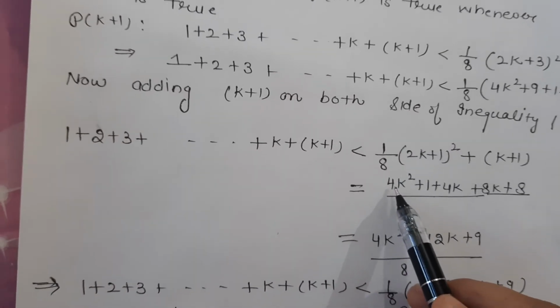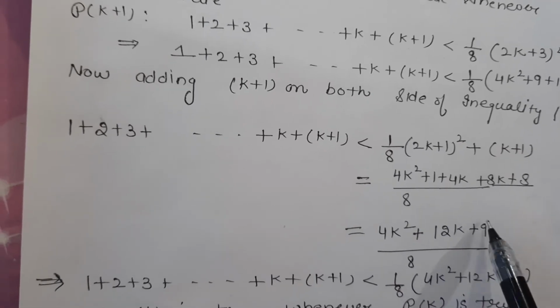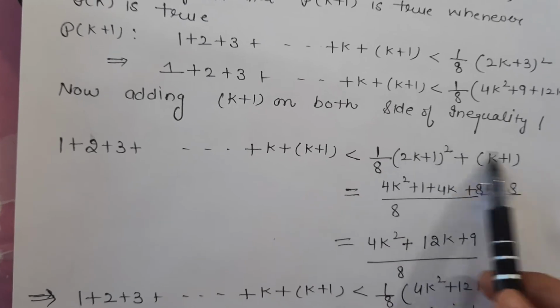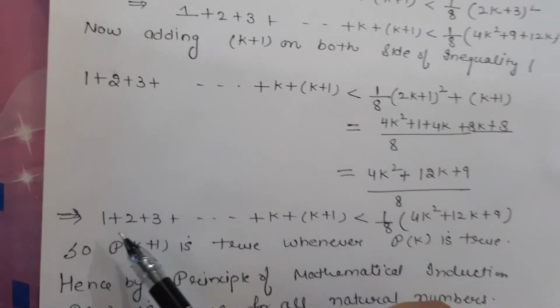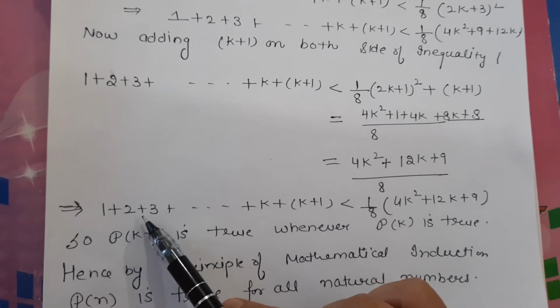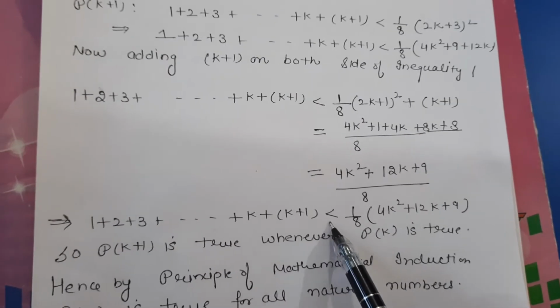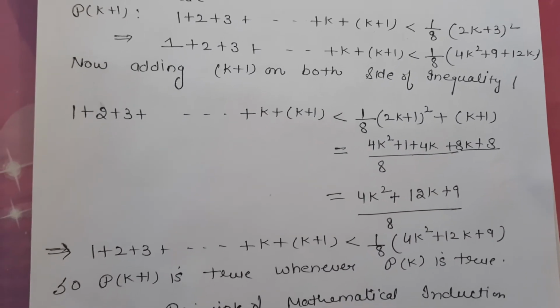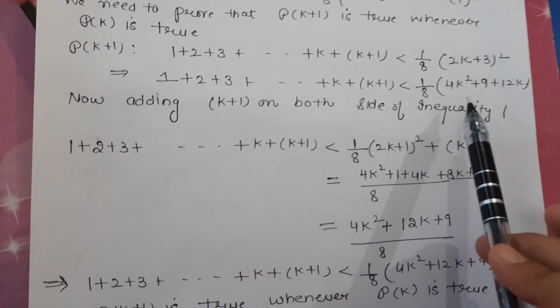Simplify it, you'll have 4k square plus 12k plus 9 upon 8. Now this is less than this, and further this term is equal to this. That means you have shown that 1 plus 2 plus 3 up to so on k plus 1 is less than 1 by 8 times 4k square plus 9 plus 12k, which you had to prove, right?